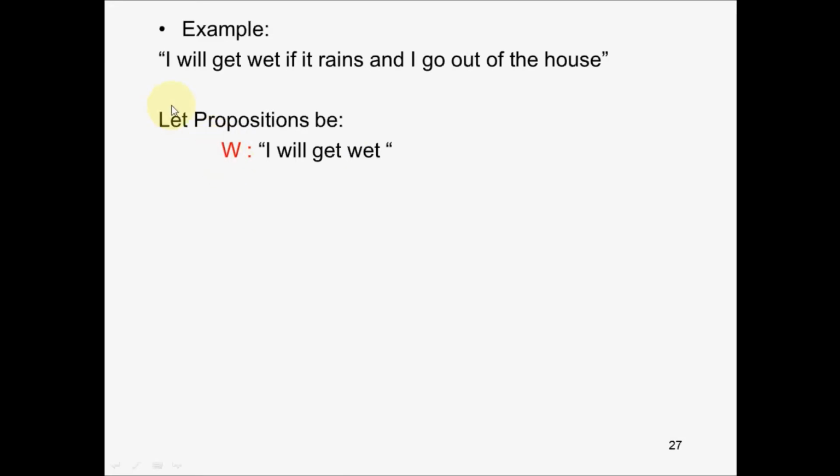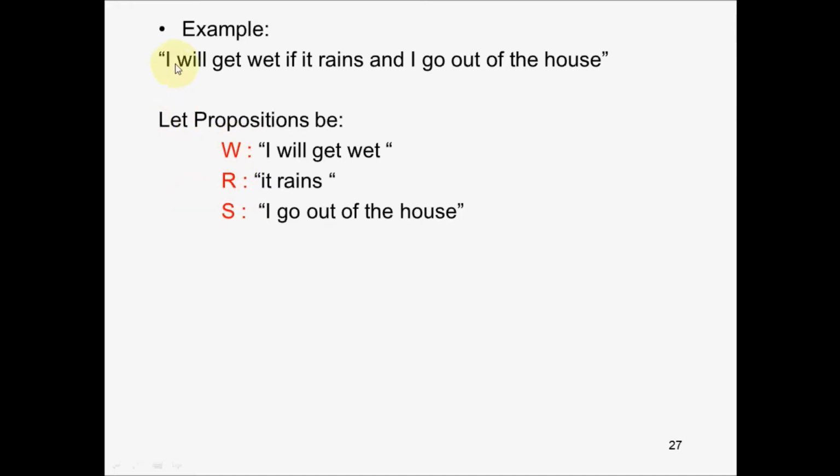Now I will use another proposition R to represent it rains. So let R be the proposition that it rains. And let S be the proposition that I go out of the house. So each sub sentence I have represented using three different propositions W, R and S.